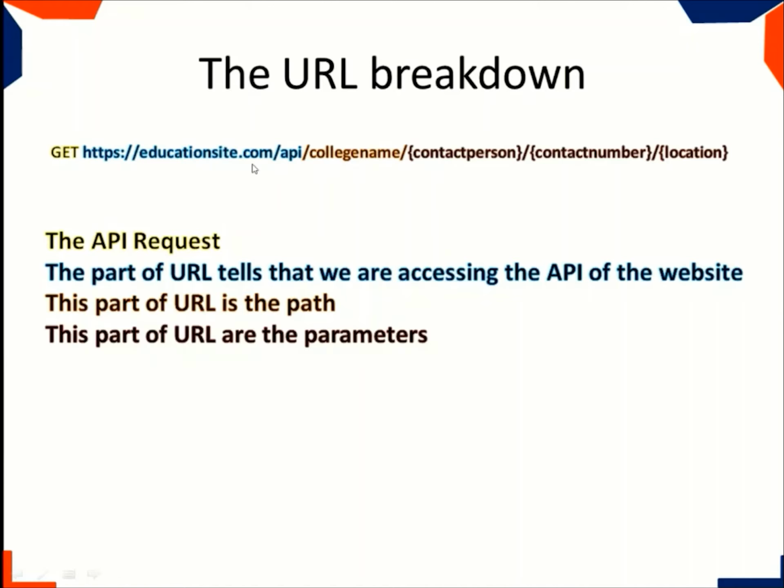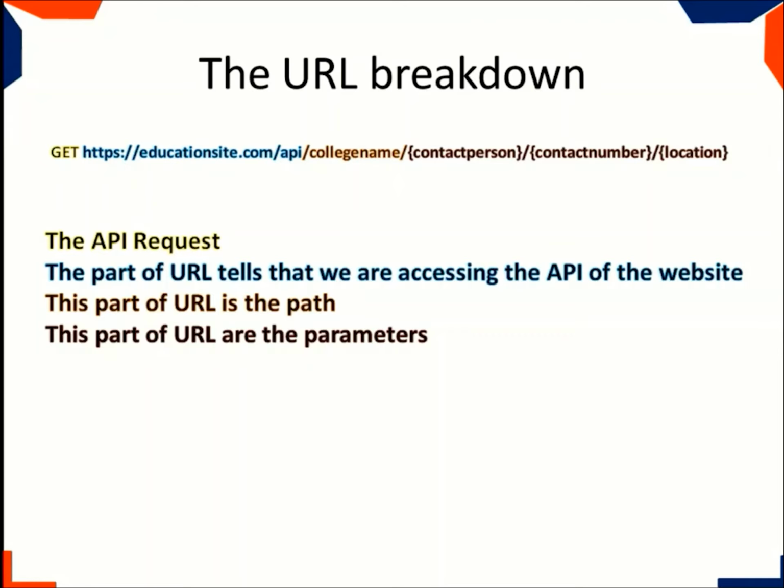For example, if you're going to call the API of an education site, you will say educationsite.com, which is the website address, and the API part is from where you're requesting the data. For example, if you want a particular piece of data, or you want to pull in a table from that particular web page, right?